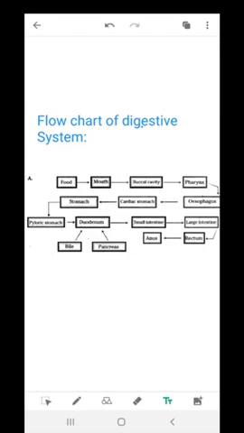From the stomach it enters into the duodenum. Duodenum is the place where it receives both the bile juice and pancreatic juices. And from there into the small intestine. Small intestine is a long extending tube in the alimentary canal. From small intestine into large intestine. From there into the rectum and anus.